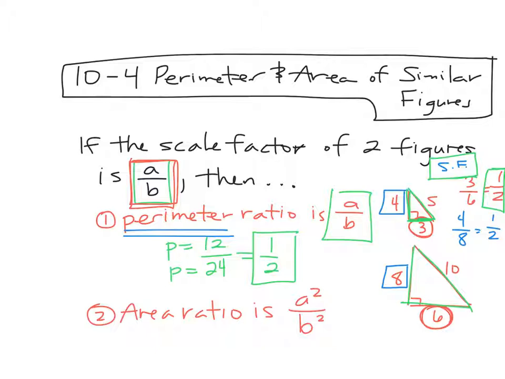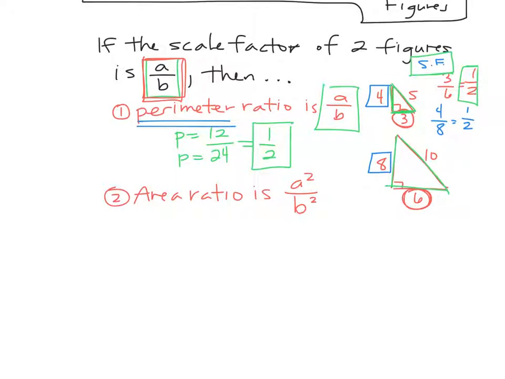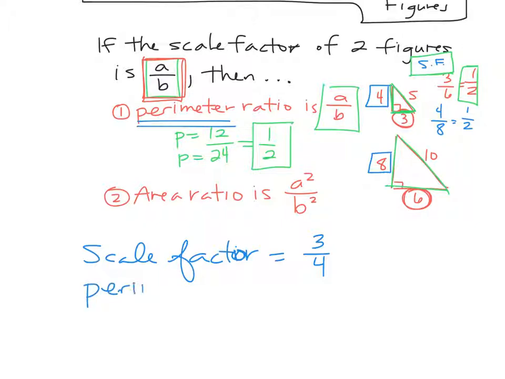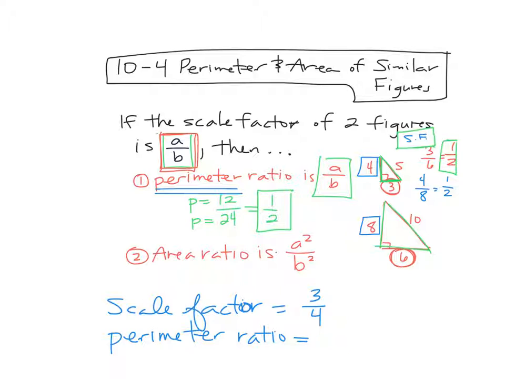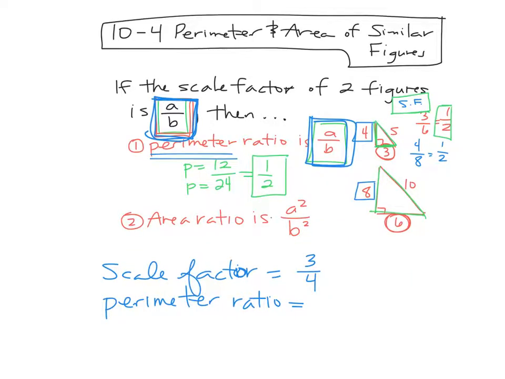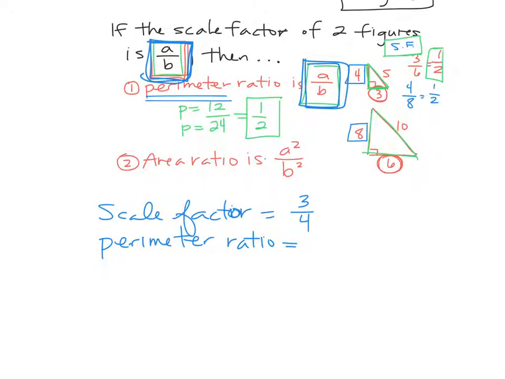Okay, so let me show you real quick what I mean by that. Let's say you have a scale factor for two figures that is 3 to 4. If I asked you what is the perimeter ratio, what would that be? What was the relationship? Scale factor was A to B, perimeter ratio was A to B. So if the scale factor is 3 to 4, what's the perimeter ratio? 3 to 4, right?